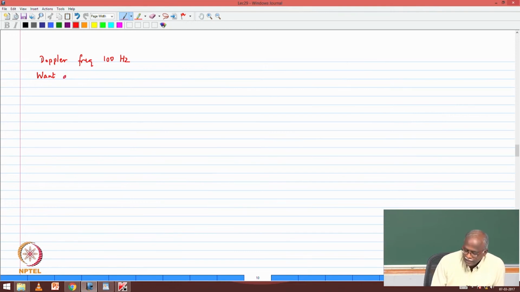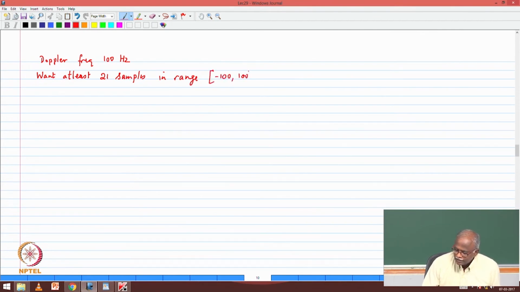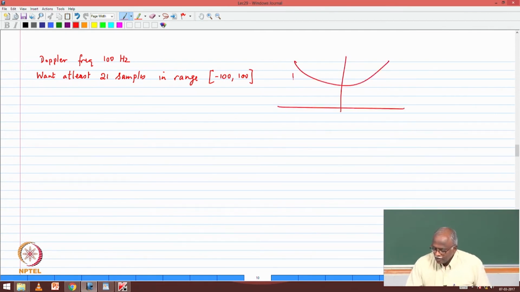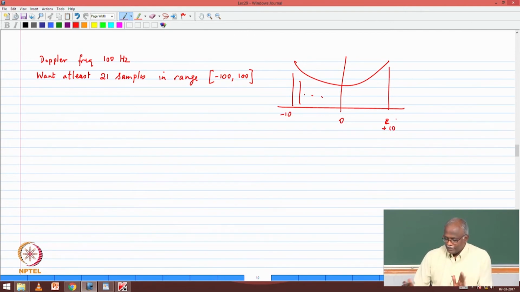We want at least 21 samples in the range minus 100 Hertz to 100 Hertz. That means your number of samples, so this is 0 up to 10 on either side, minus 10 to plus 10. So 21 samples are present at least.